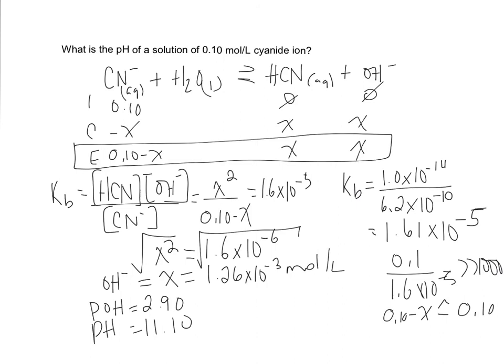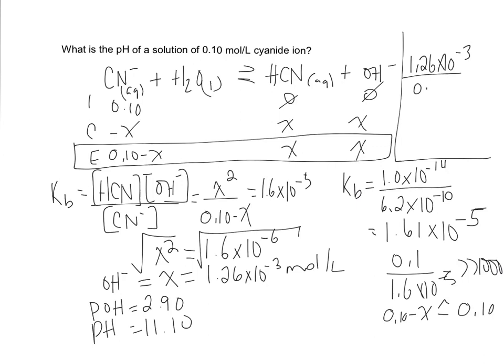You approach the questions the same way as we did with acids, finding pH. You can do percent ionization, take the hydroxide ion concentration. In this case, I'll just pop it up here. We said 1.26 times 10 to the negative 3 moles per liter for hydroxide.